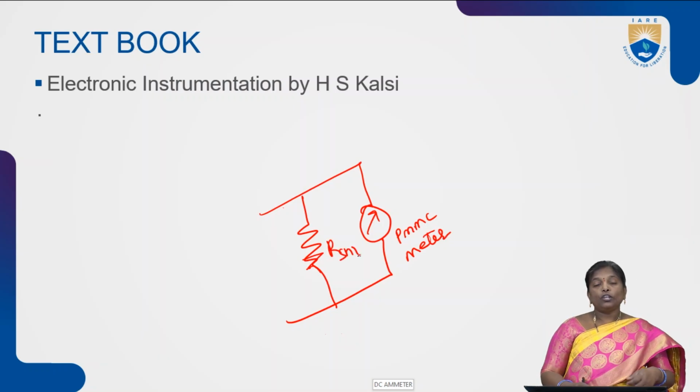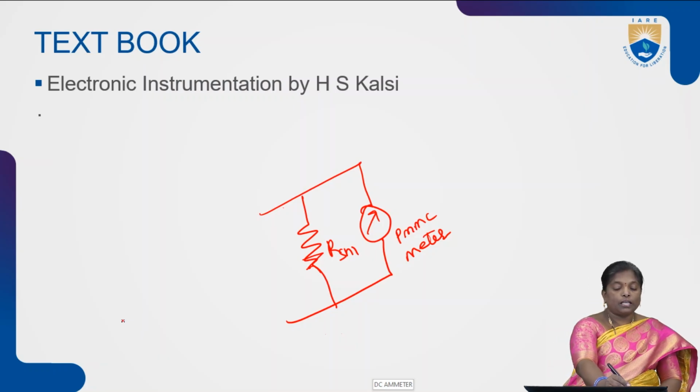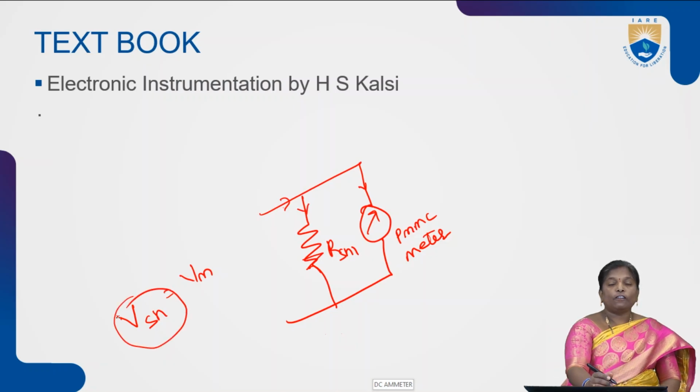In this case, if you want to find the resistance value for a particular amount of current, we need to consider the expression VSH is equal to VM. But we know that V equals I into R. So VSH can be represented as ISH into RSH, which is equal to VM.